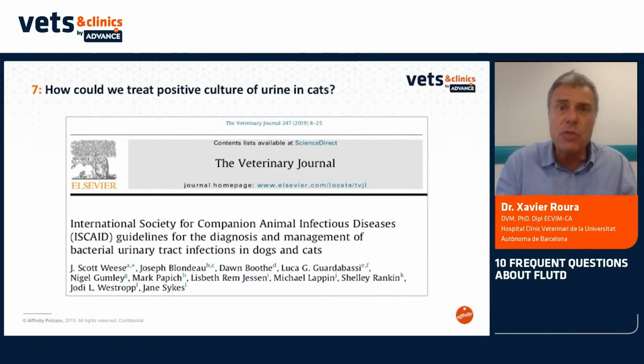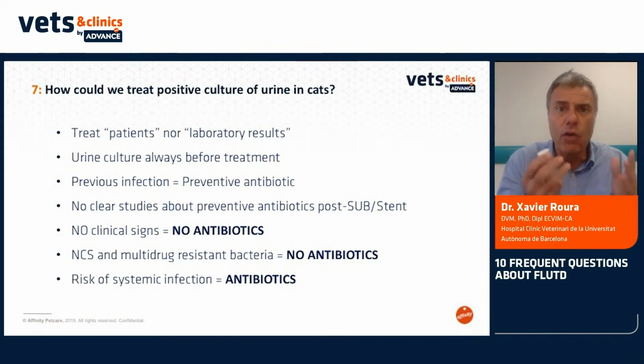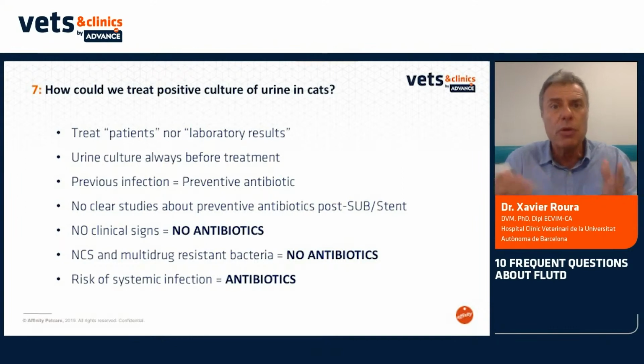And one of the most important things that we can take from these guidelines in cats is that we need to treat patients, we need to treat cats, we don't need to treat laboratory results. So this means that we don't need to treat infection. If we find a positive culture, it's a positive culture.